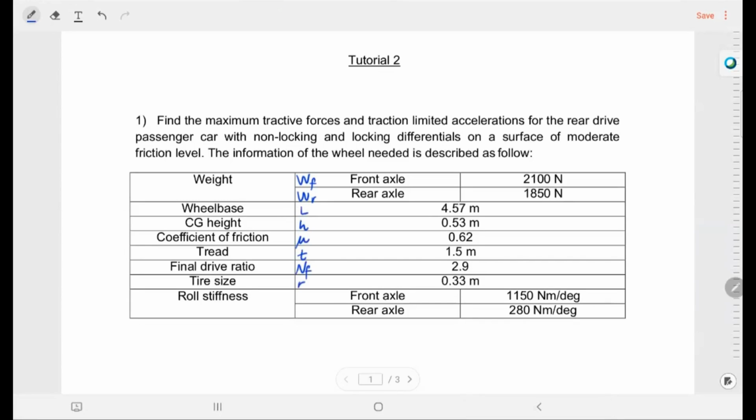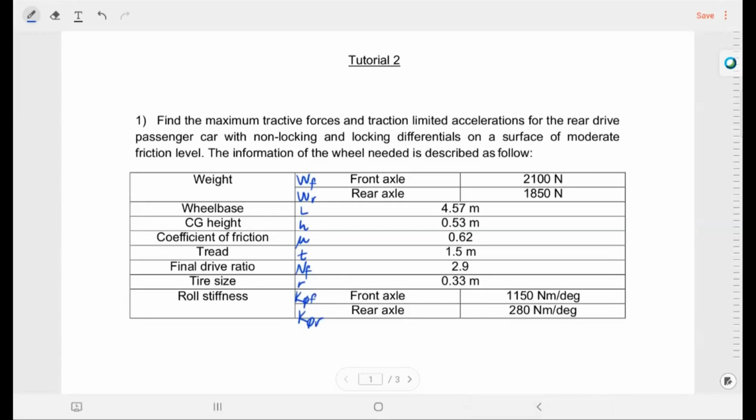Roll stiffness front axle ni ialah K phi F. Rear axle K phi R. Okay, biasanya soalan exam pun macam ni lebih kurang. So you need the data given, the information to determine each parameter, dia punya simbol. Jangan silap. Kalau silap tu, silap lah semua.